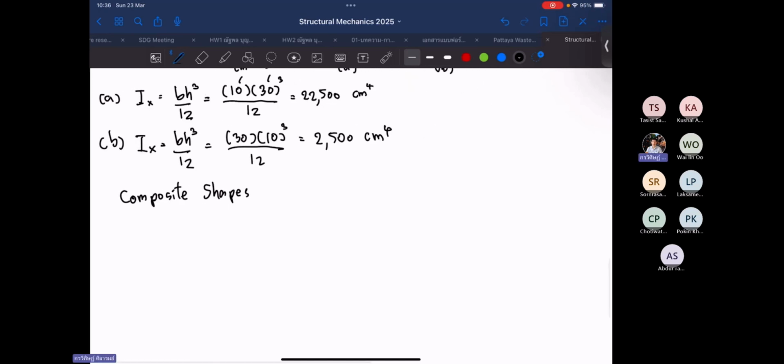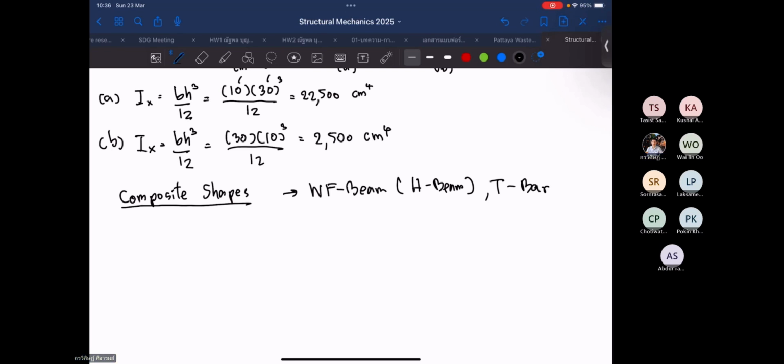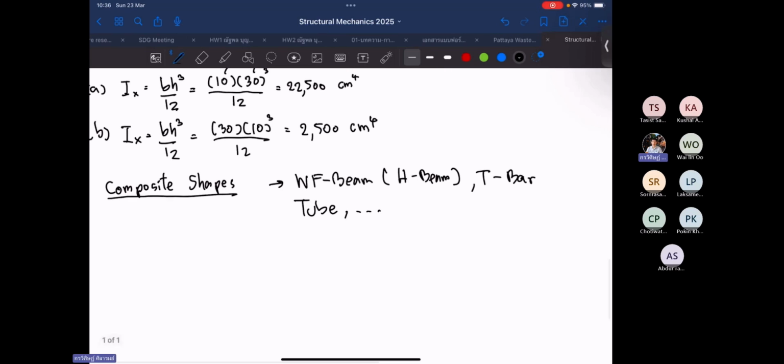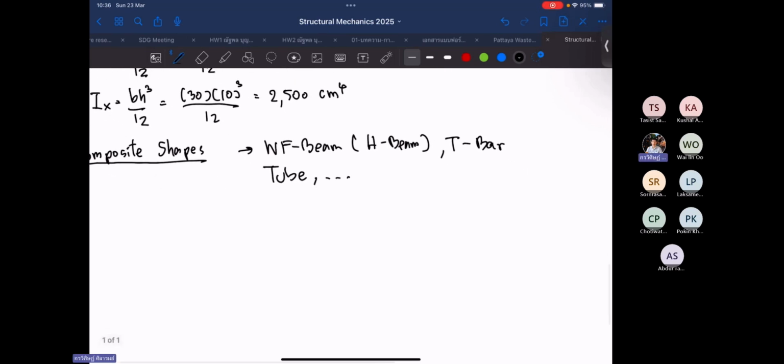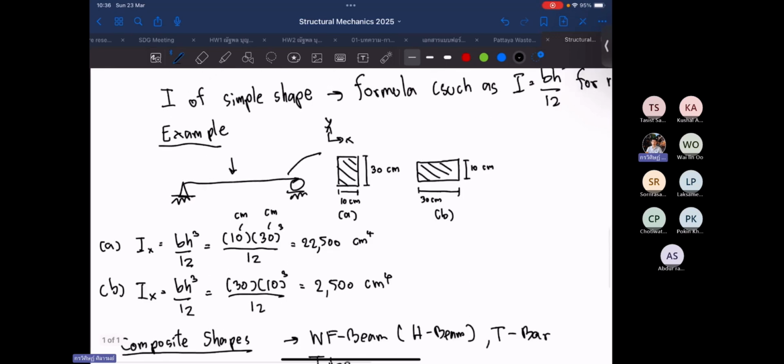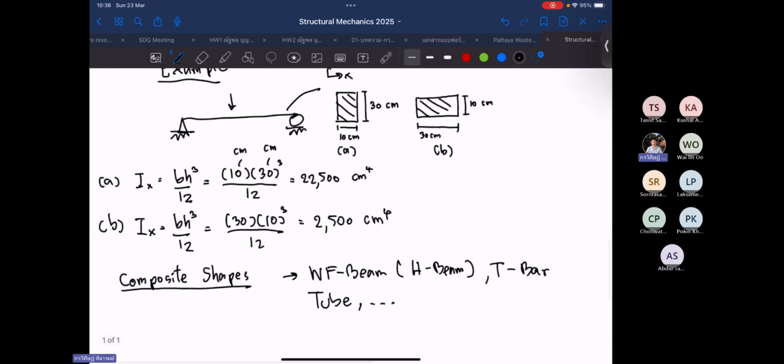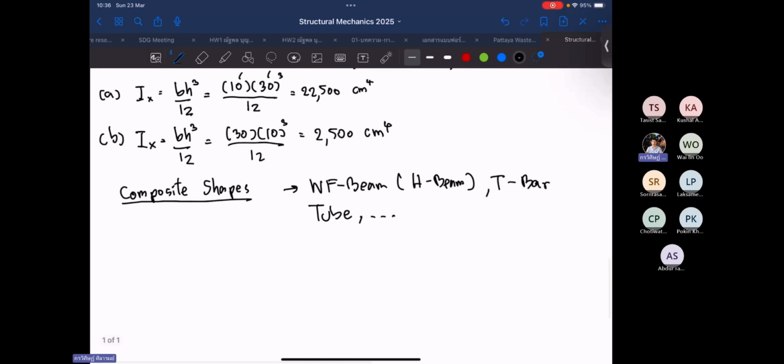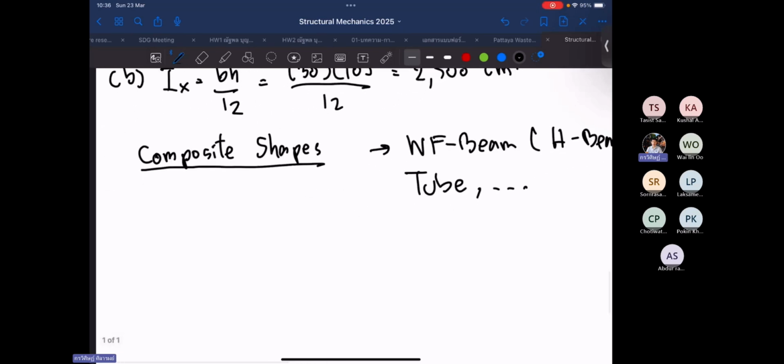Composite shapes are shapes composed of many simple sections, for example, I-beam, H-beam, T-bar, tube, and so on. These are composite shapes where we cannot simply use the formula to determine the moment of inertia of the section. And this one will be our final exam.